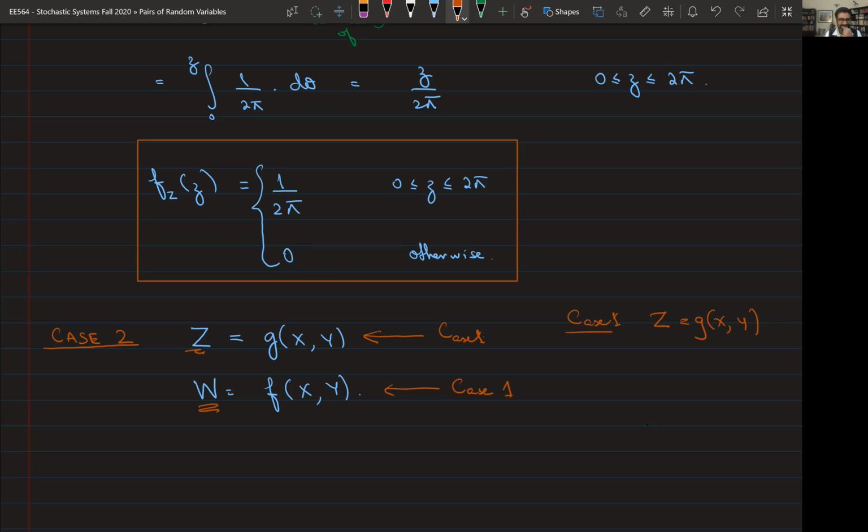Yes, Shoaib. Sir, but this would only be possible when x and y are both independent. Not necessarily. Why? If x and y were independent, then we could have done this, meaning case 1 on both. But if they are not independent, then we cannot follow the procedure above, isn't it? No, why not? All of that procedure above was not applicable only to independent random variables. If I led you to believe that, that's incorrect.